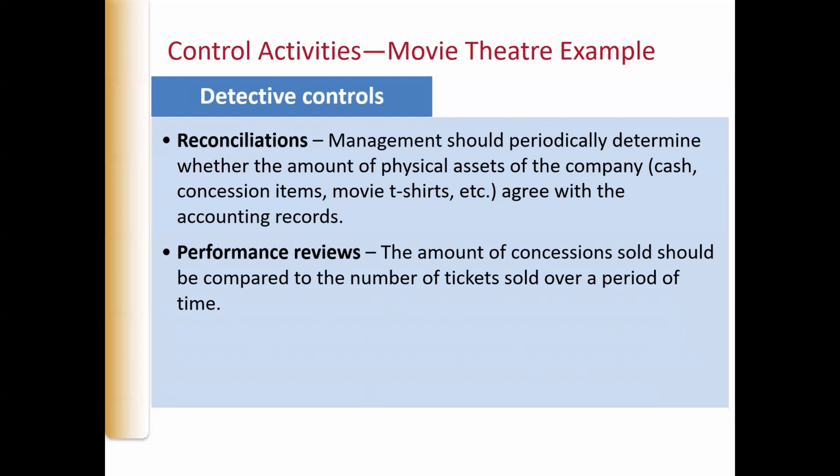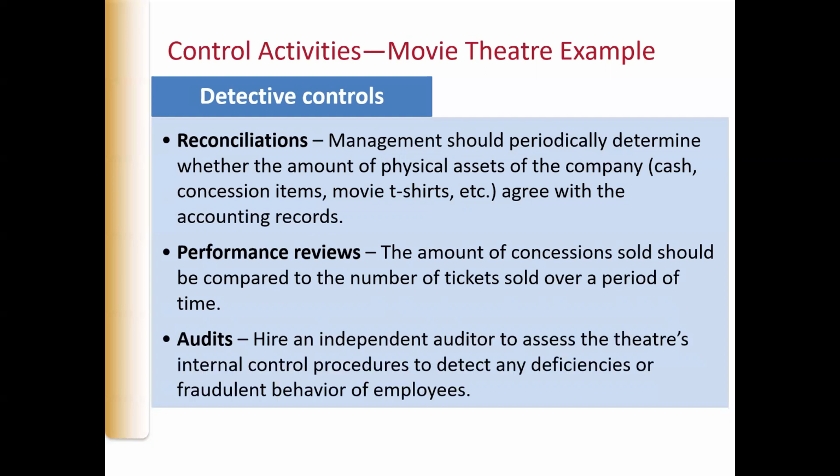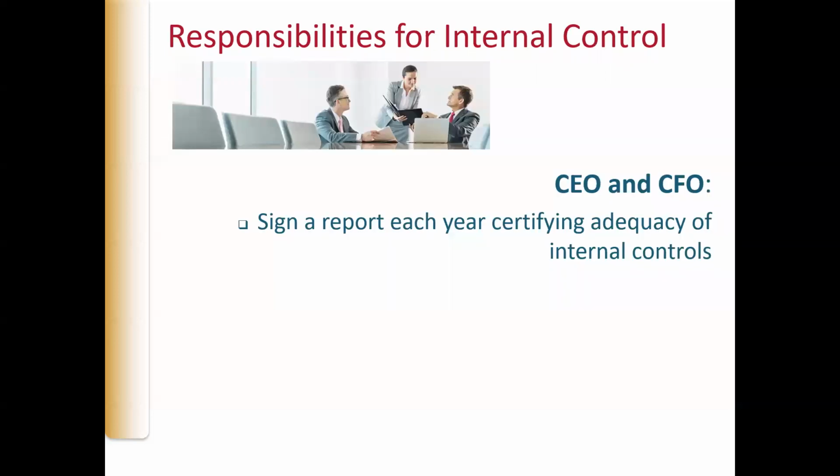And then performance reviews: the amount of concessions sold should be compared to the number of tickets sold over a period of time. And then ultimately having audits, where independent individuals come in to assess the theater's internal control procedures and to see if there's anything that seems irregular.